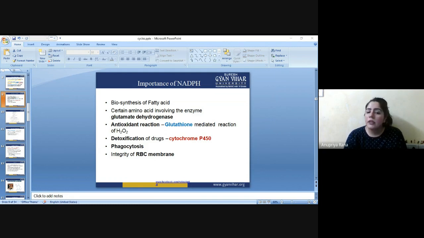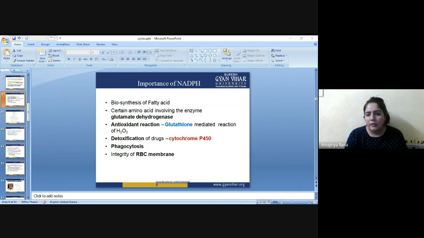Thirdly, antioxidant reactions. I already told you in the introduction part about glutathione. Water-mediated reactions must not reduce the glutathione in the cell membrane, because reduction of this glutathione may cause several harmful impacts on the cell membrane.